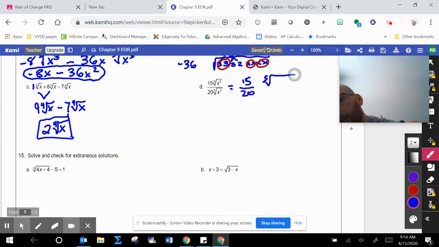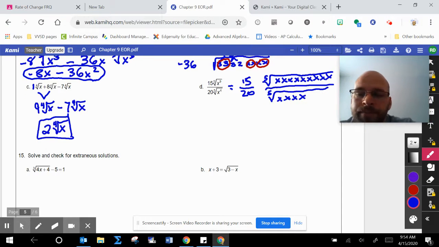I have the fifth root of x to the ninth on the top, and the fifth root of x to the fourth on the bottom. If I reduce this fraction, I can divide both of those by 5.